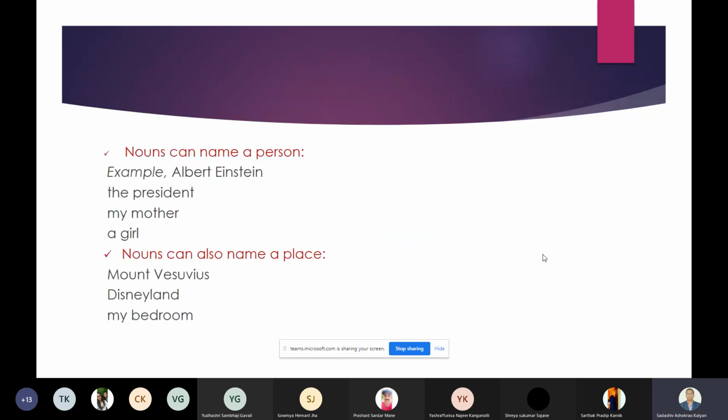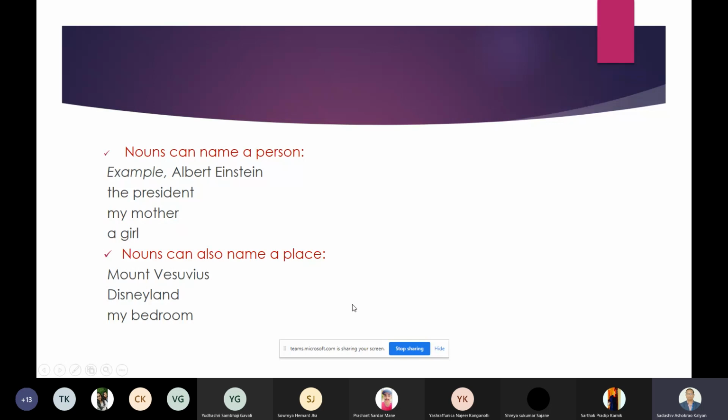Then we have studied how nouns can be persons, with examples like a girl, my mother, the president, Albert Einstein. Nouns are also the names of places, like Disneyland, Mount Vesuvius, my bedroom.